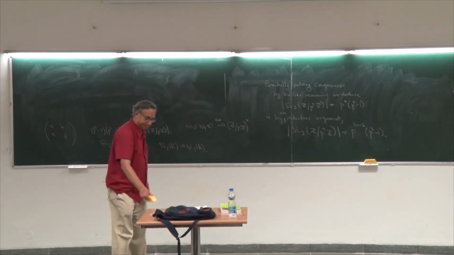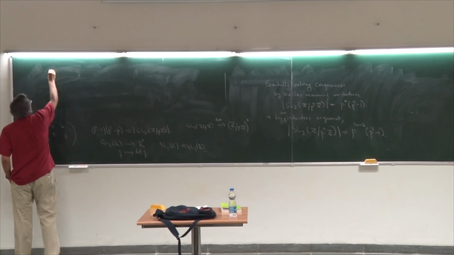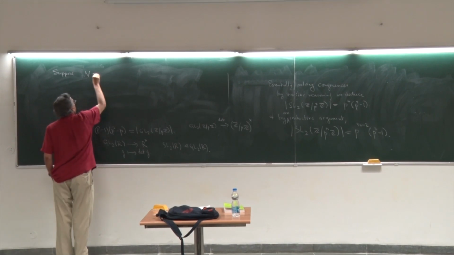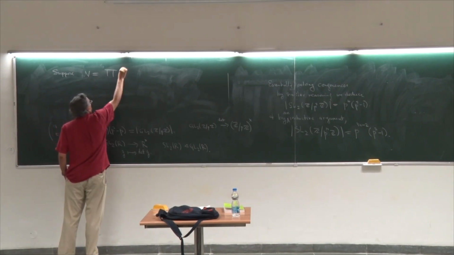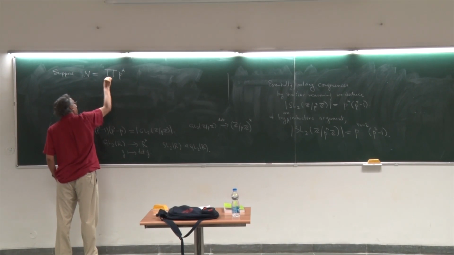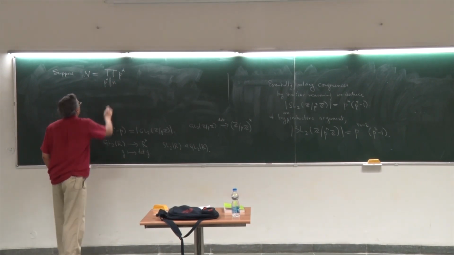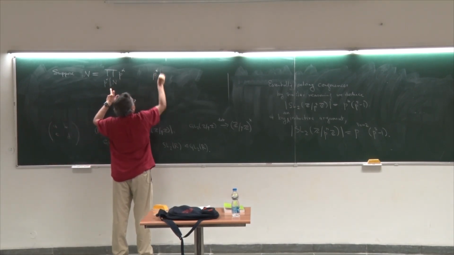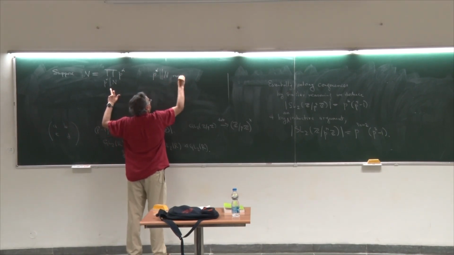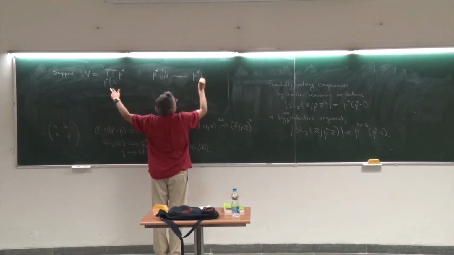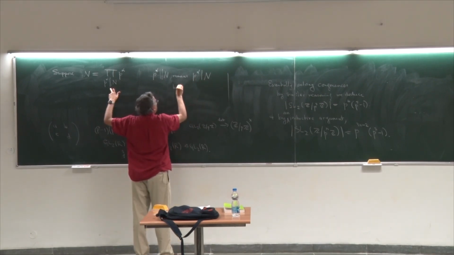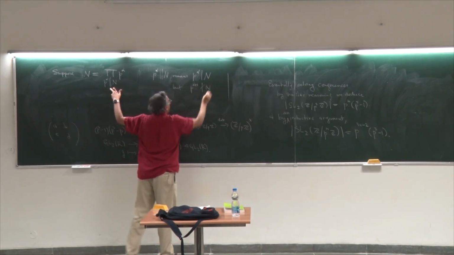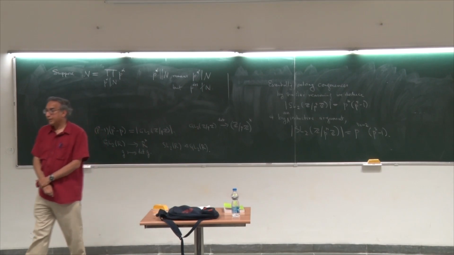So suppose n is equal to a product. We have unique factorization, and sometimes we use this notation, p to the alpha divides capital N. This notation means that p to the alpha divides capital N, but p to the alpha plus 1 does not. So alpha is the exact power of p dividing n.